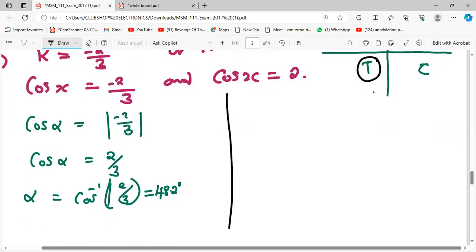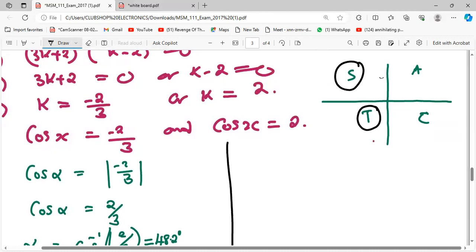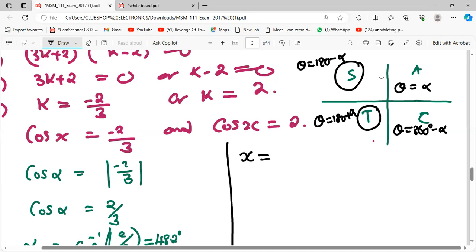Implying therefore that in the third quadrant, we get x by saying 180 degrees plus alpha, because we're finding x.